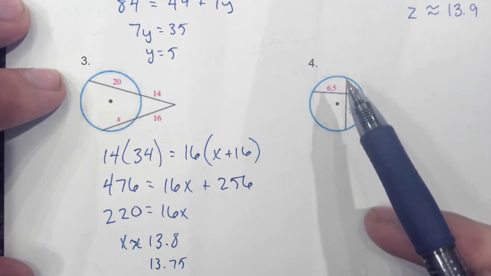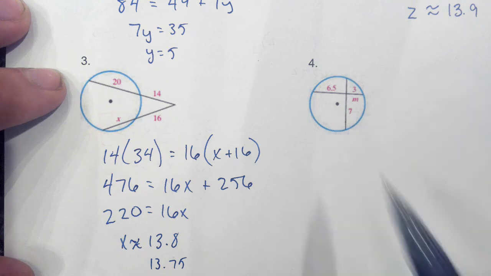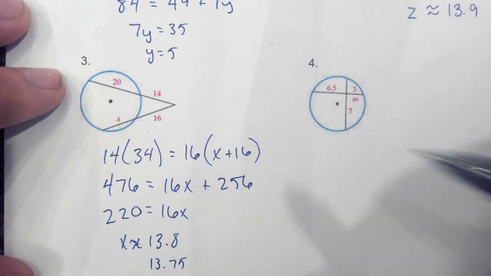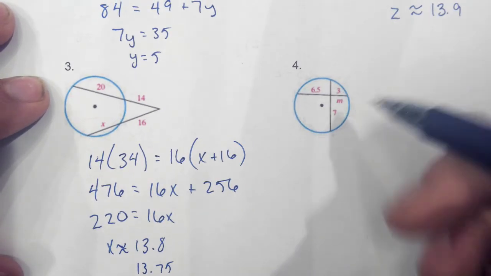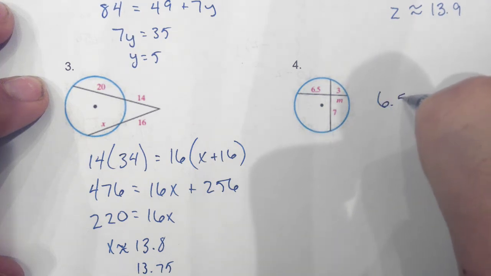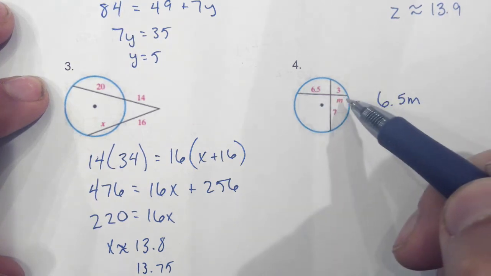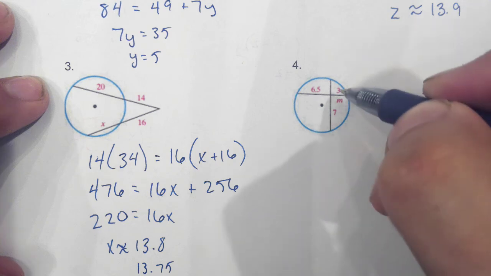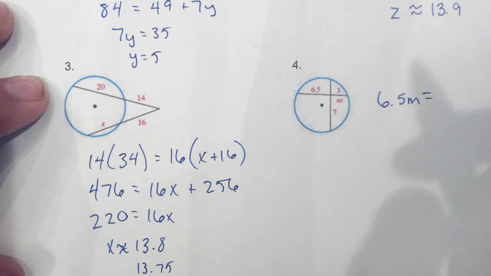Okay, and then when we have lines intersecting inside once again, or actually we haven't seen an example like this, so you do piece times piece, so 6.5 times m equals piece times piece. Actually, I don't know if I did that right. That 3 is kind of tricky.